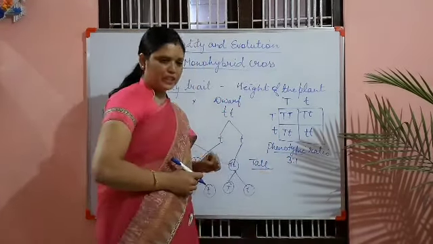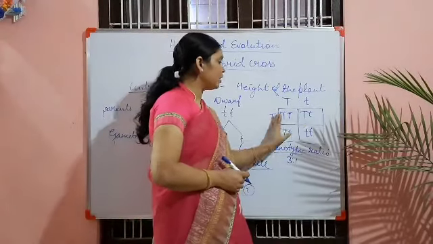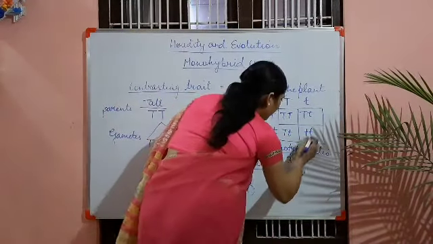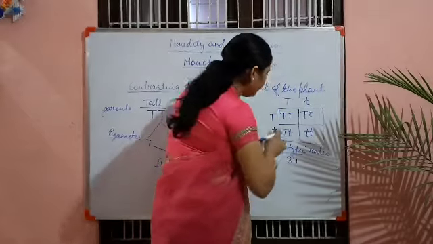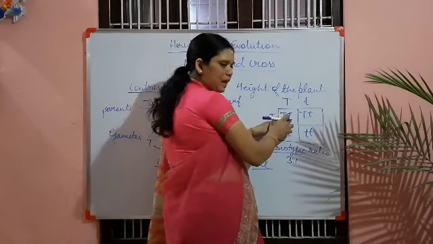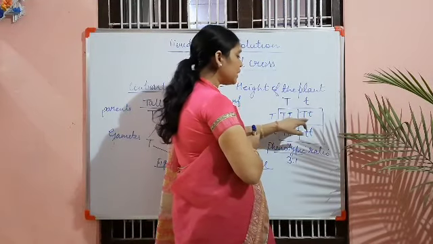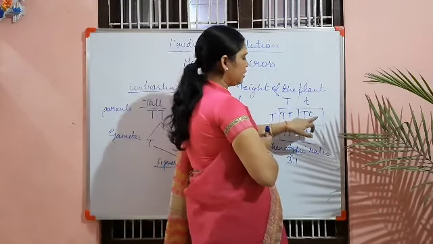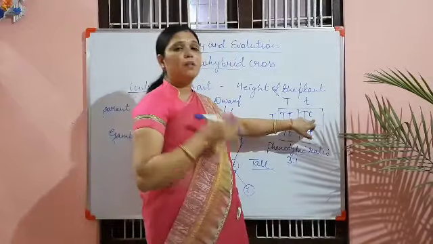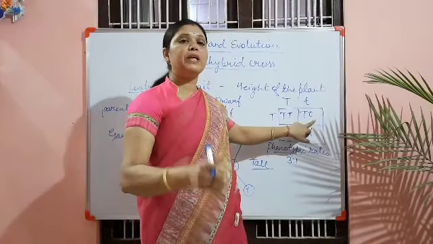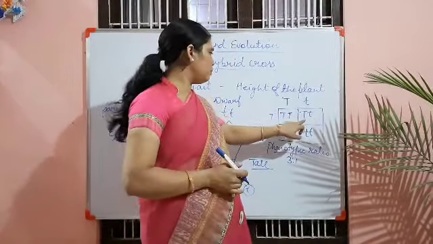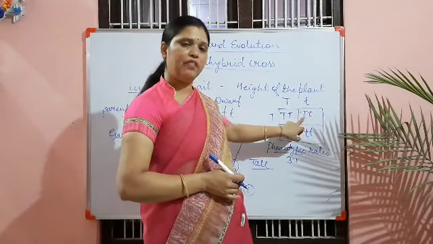What is the meaning of this? 3:1 means 3 are tall, 1 is dwarf, because both the small t's are there. Here both are capital T, so it is tall, and it is the dominant one. In this condition, one capital T, small t, morphologically it also appears as tall only because of the presence of capital T with it.